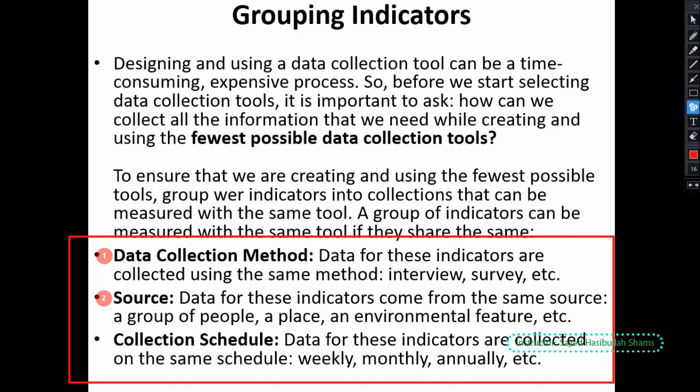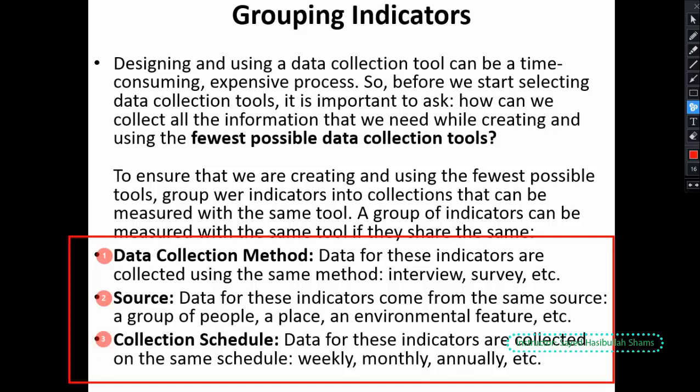For example, we find two indicators that have the same data collection method and the same source of data. We can collect data from the same source for these two indicators. Yeah, that's good. And the third one is the collection schedule.